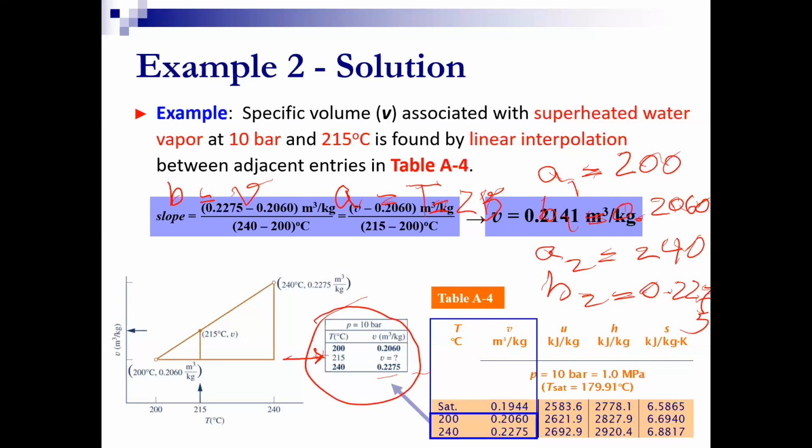We have 10 bar, we have 5 bar, but we don't have 9 bar. Nor is 215 degrees Celsius tabulated. We have 200 and 240 degrees Celsius. We are somewhere in between 5 bar and 10 bar pressure-wise, and 200 and 240 degrees Celsius temperature-wise. Then we have to do double interpolation.